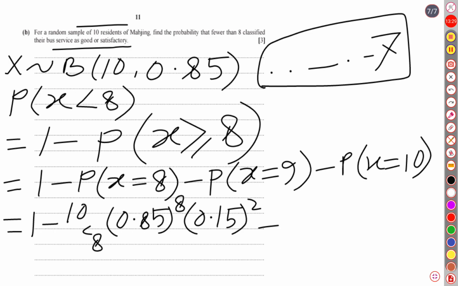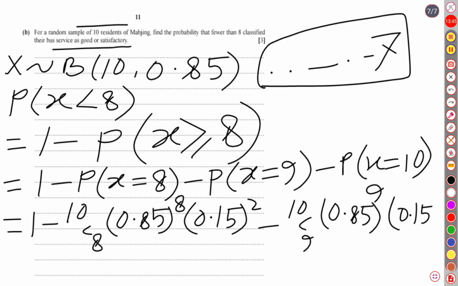Then 10 choose 9, and 0.85 raised to 9, and 0.15 raised to 1.